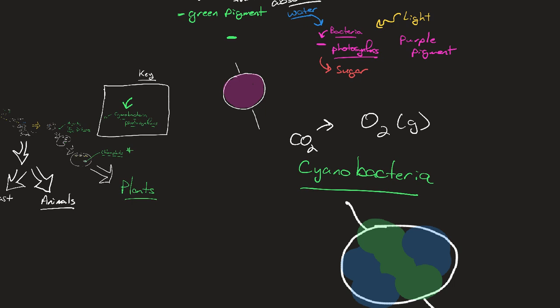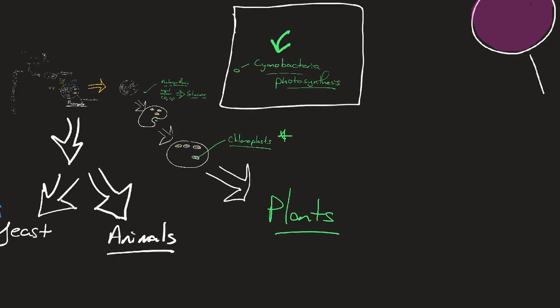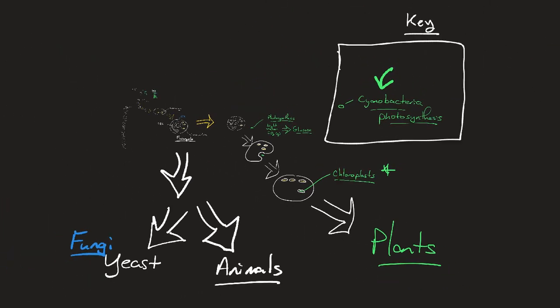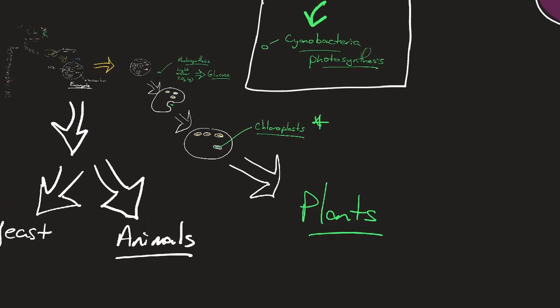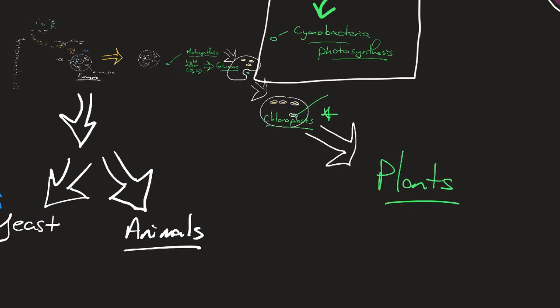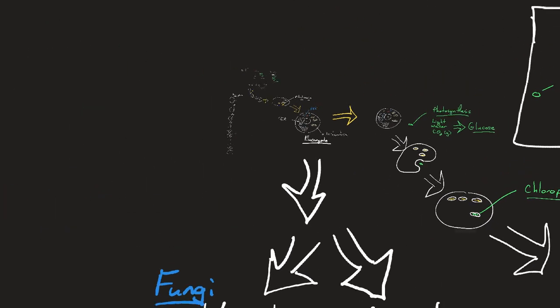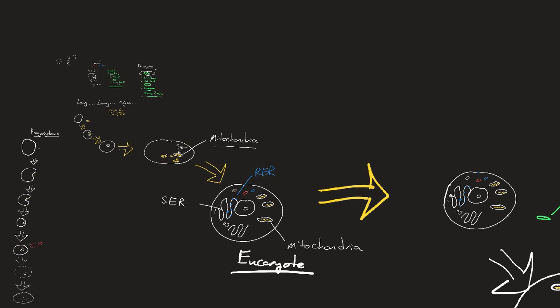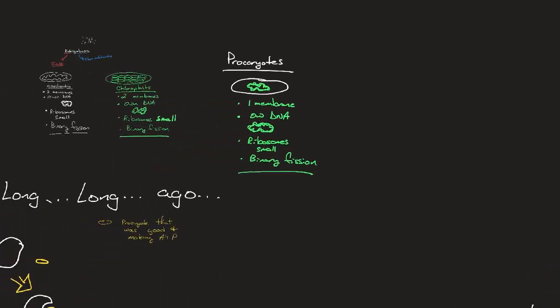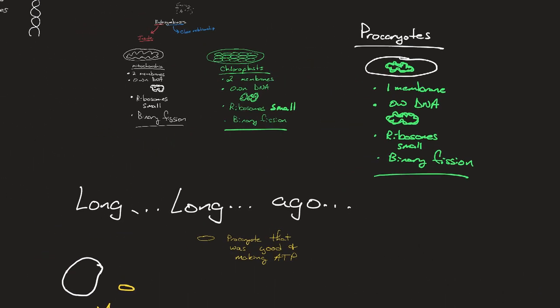This is going to be a key idea you might see on the test. We're going to talk about photosynthesis tomorrow. This is endosymbiosis. You need to know endosymbiosis. So don't get lazy. Make sure you know this by next week. You need to know the difference between prokaryotes and eukaryotes.